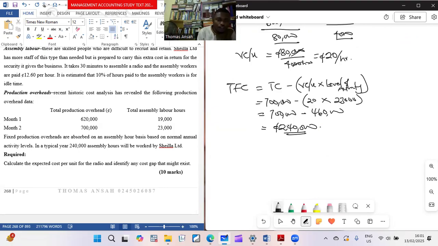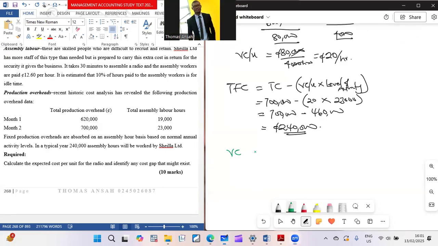So what will be our variable cost and what will be our total cost? So it said in a typical year, 240 assembly hours. Okay, so this is 240,000, and you have 240 assembly hours.